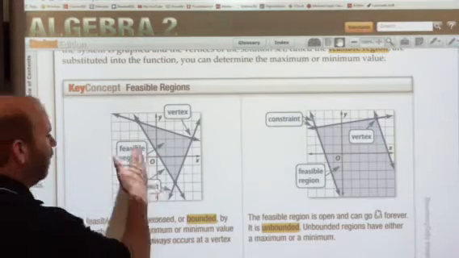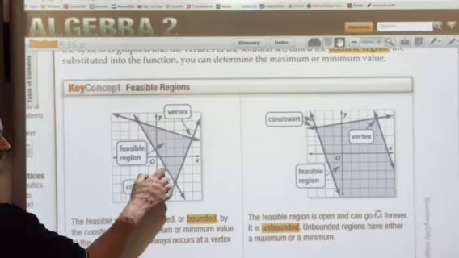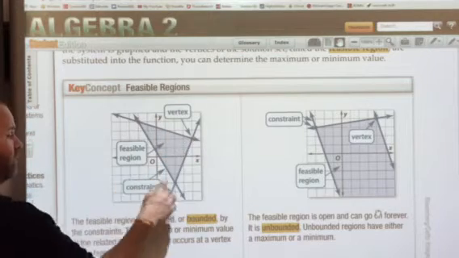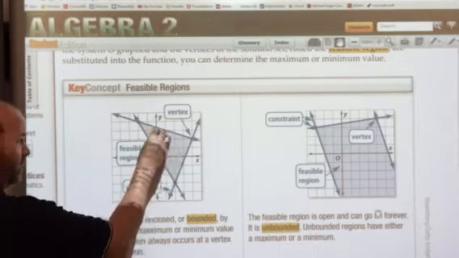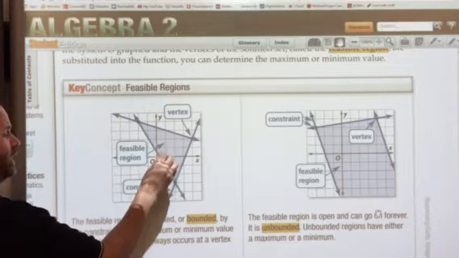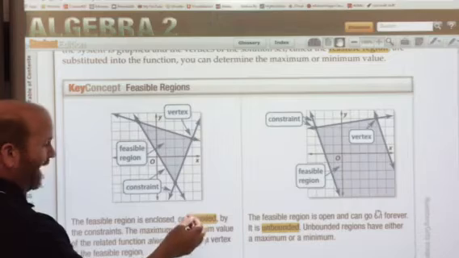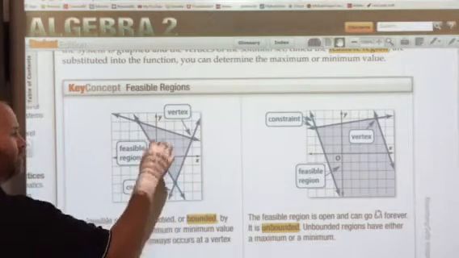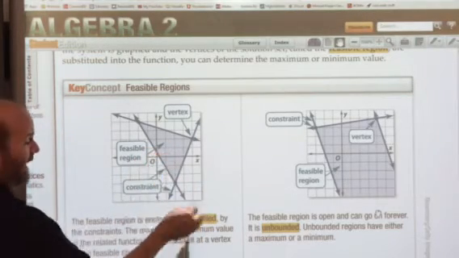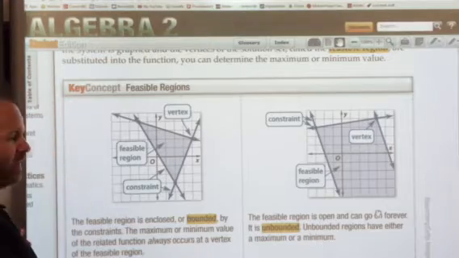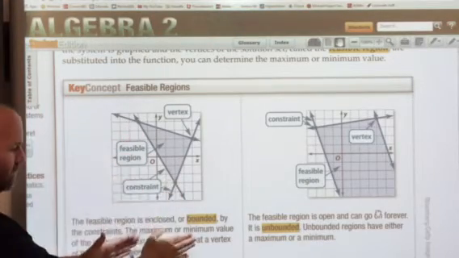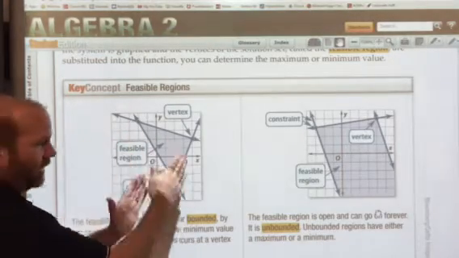You have three linear equations that are constraints. There are three vertices, and the shaded area in the middle is the feasible region of production and the possible maximum and minimum values, minimizing costs, maximizing profit type of ideas. This is a bounded region because it's all closed in.